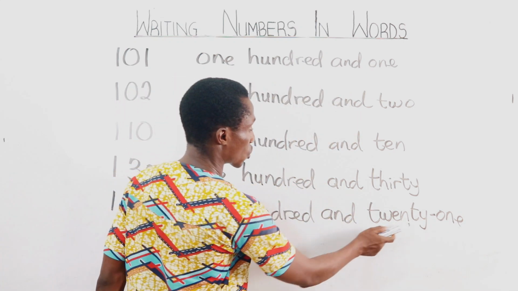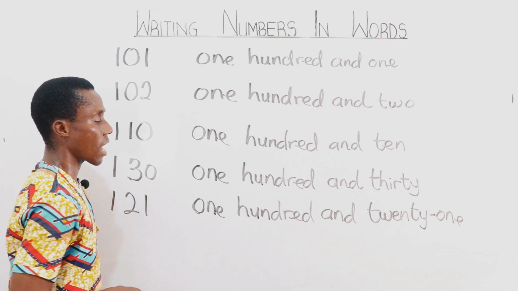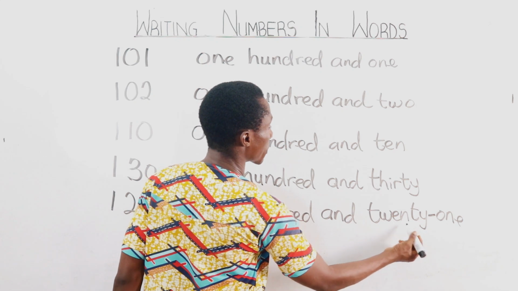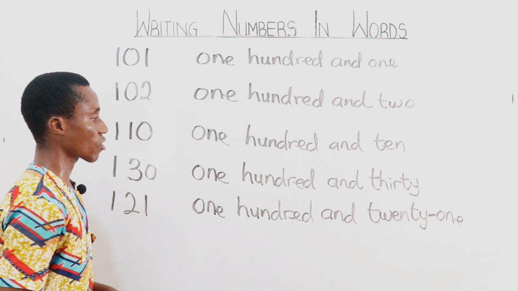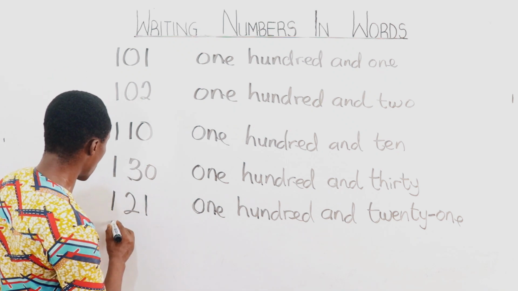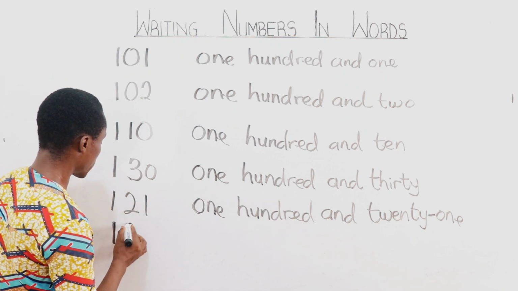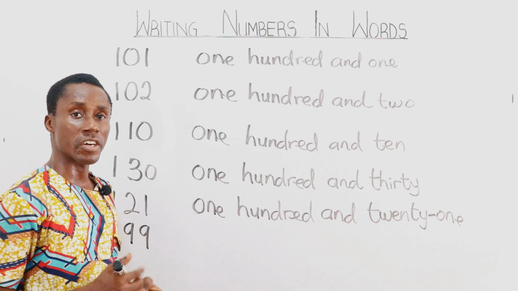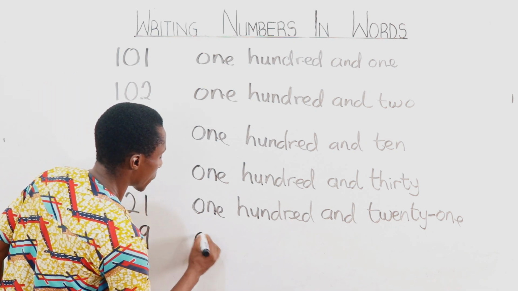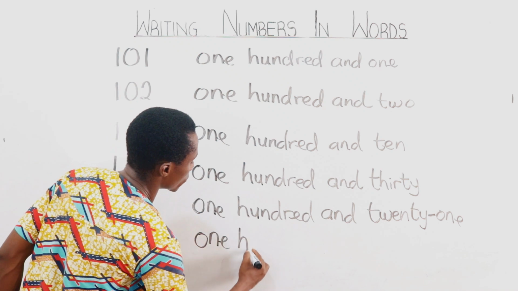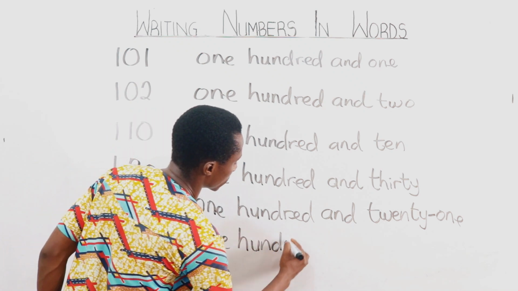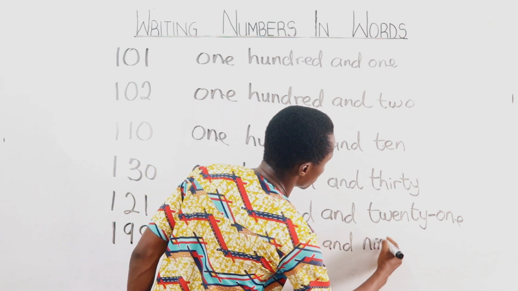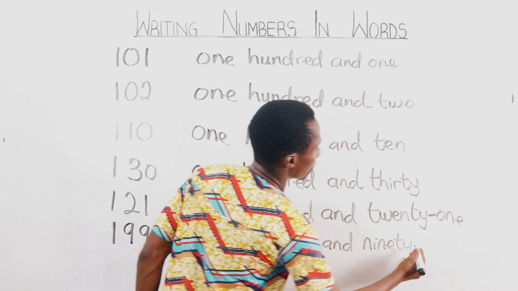So don't forget the 21 is a compound number, and therefore there is a hyphen between 20 and 1. Okay, let's jump to, let's say, 199, and that in words will be 100 and 99.